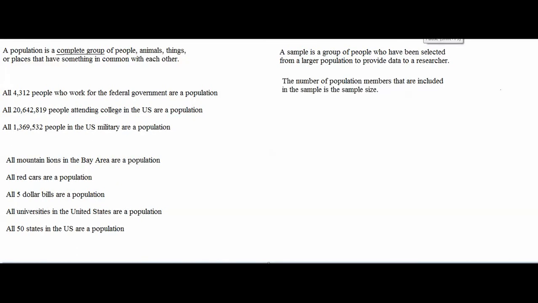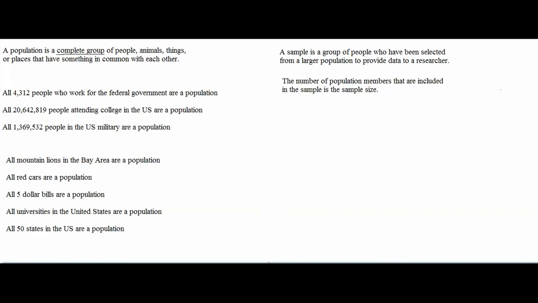In my first example, in which I was asking 100 college students how many text messages they send each week, my sample size was 100. In my example in which I was asking 200 federal government employees how much money they are making per year, my sample size was 200. In my example in which I was recording the heights of 300 trees in a forest, my sample size was 300.